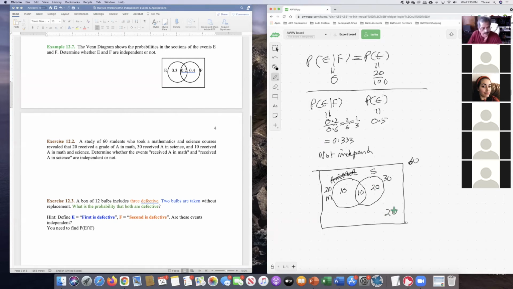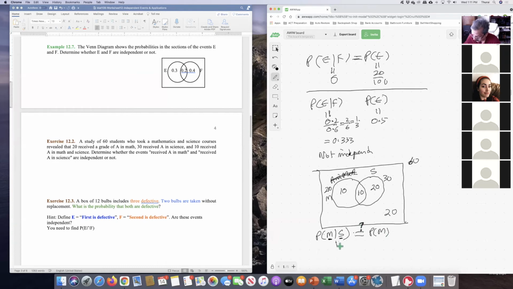To determine independence, I have to do M given S, A in math given A in science, and show whether this is equal to probability of M. That's the question, right? Is it equal to that?